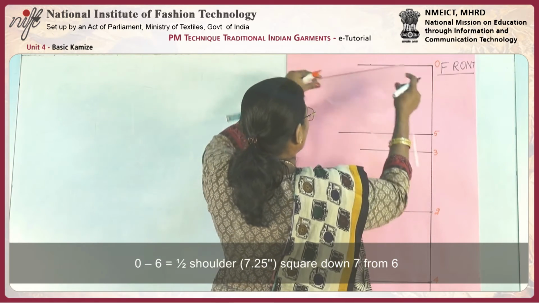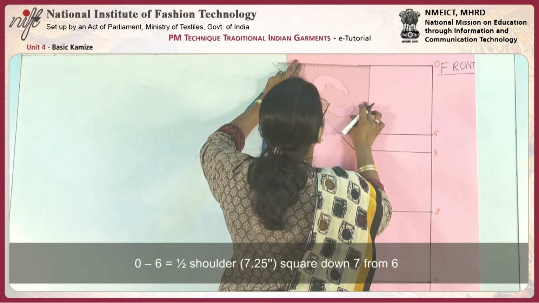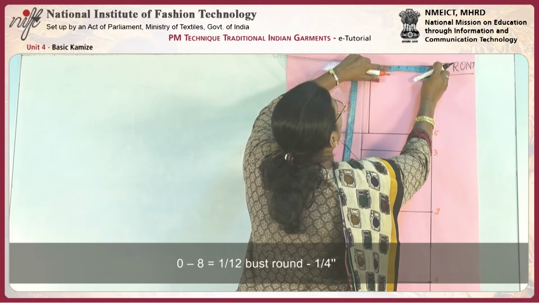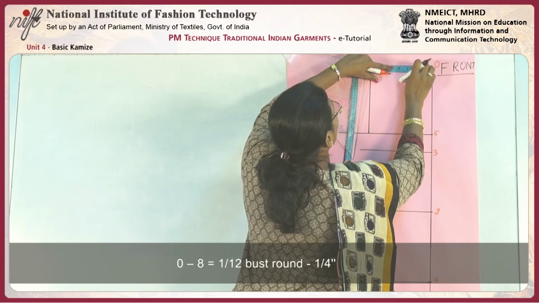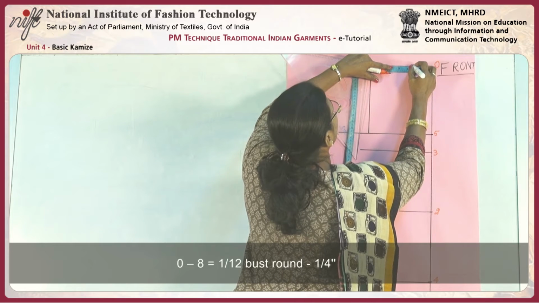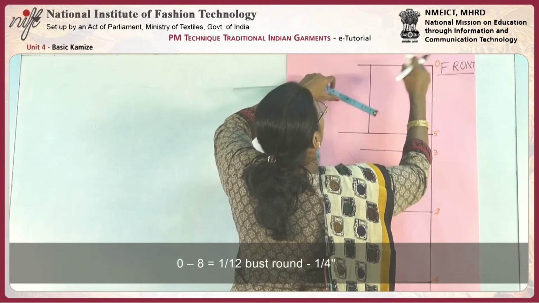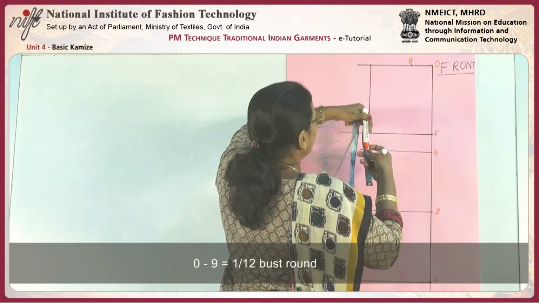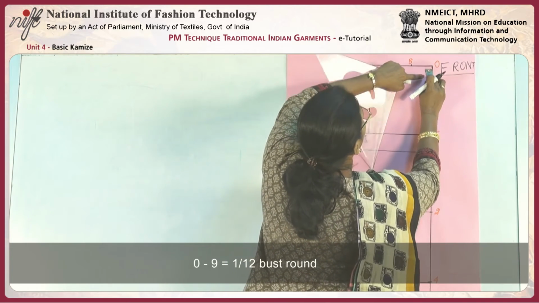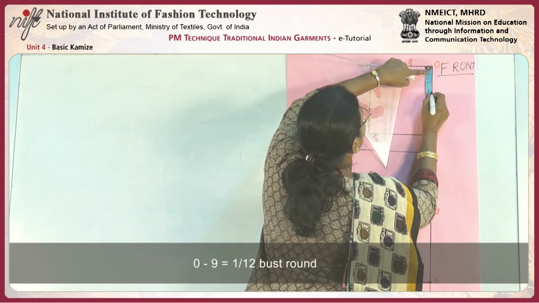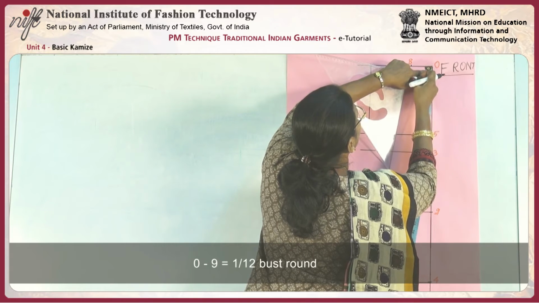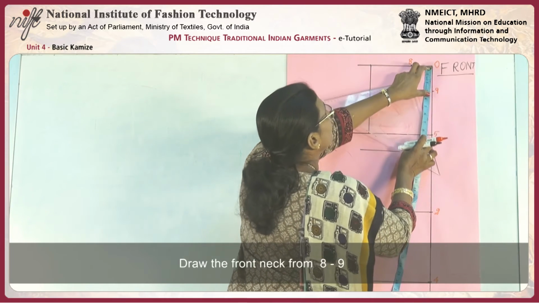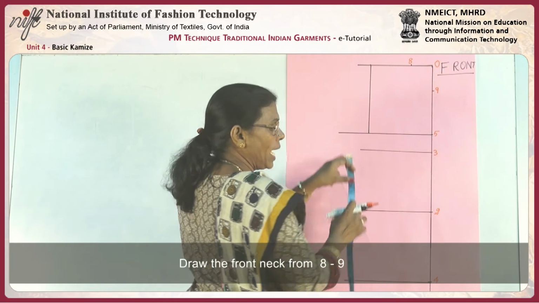The 6 is squared down to 7. 0 to 8 is bust by 12 minus 1/4 inch, which is 2.5, and 0 to 9 is bust by 12 plus 1/4 inch, 3 inches. This width and depth will provide the exact neck shape.